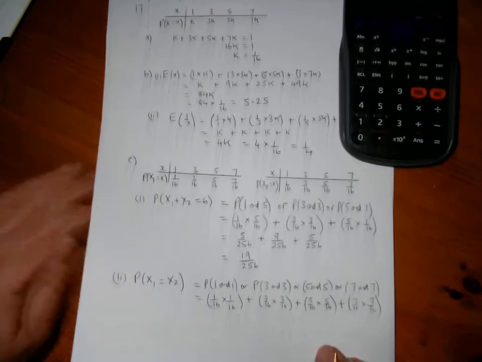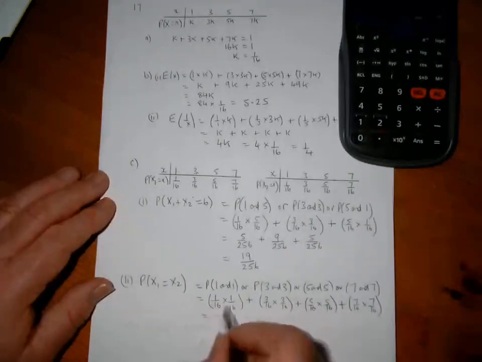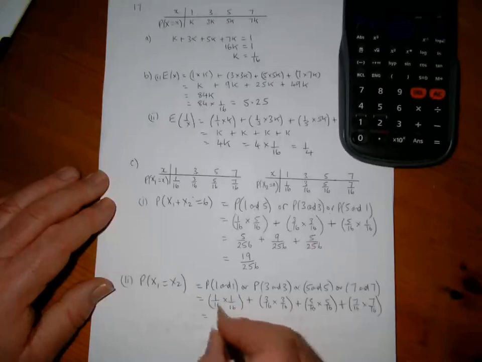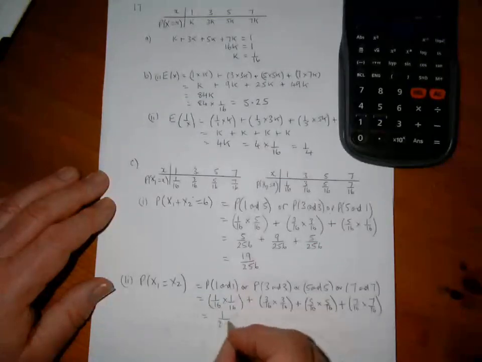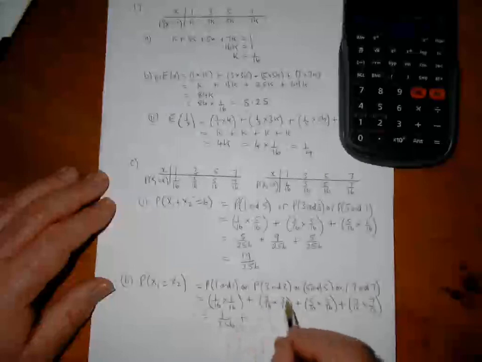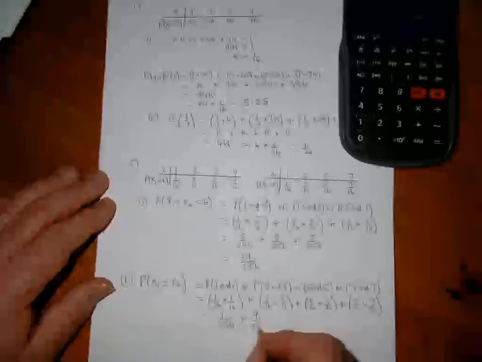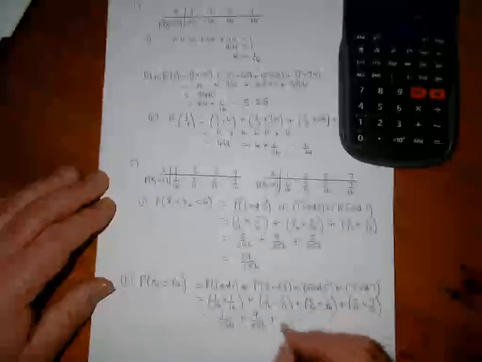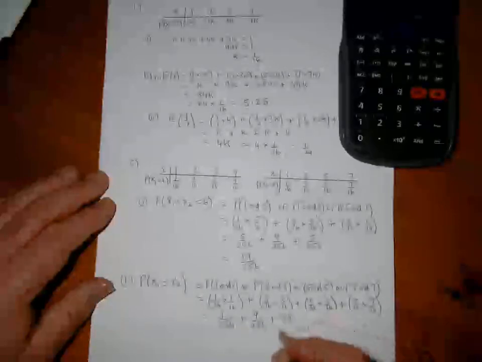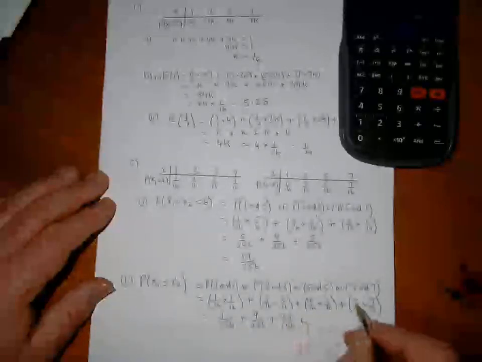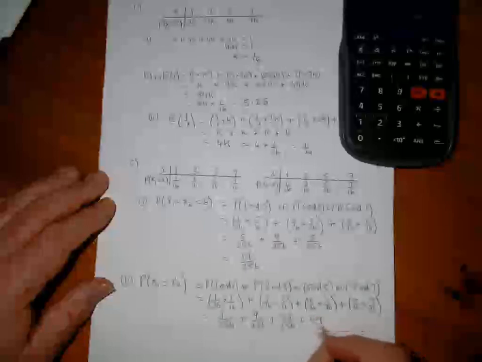Multiplying those out, the first one, top line 1 times 1 is 1, and 16 times 16 is 256, plus 3 3s are 9 over 256, 5 5s are 25 over 256, 7 7s are 49 over 256.